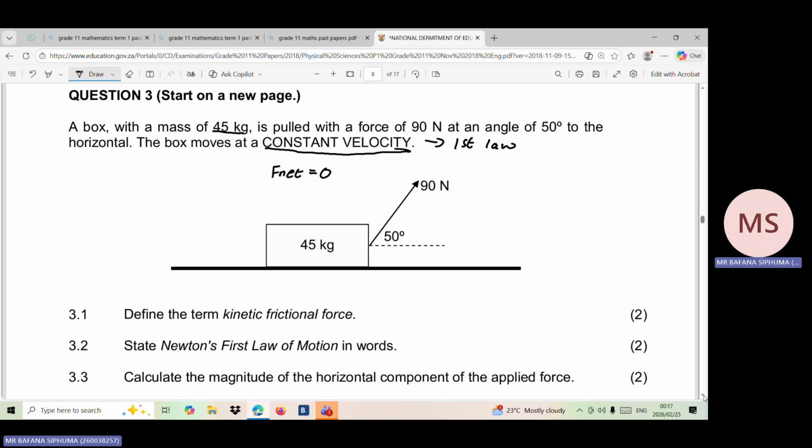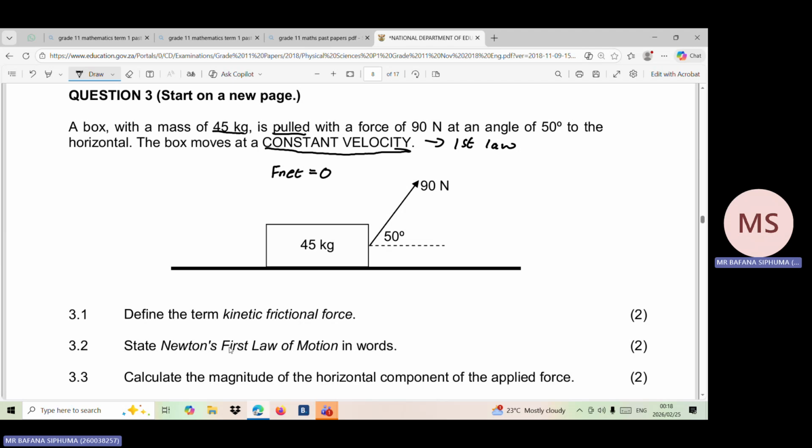Kinetic frictional force is the force that opposes the motion of a moving object. They told us already it was being pulled, so there is kinetic frictional force which relates to the speed and opposes the motion.